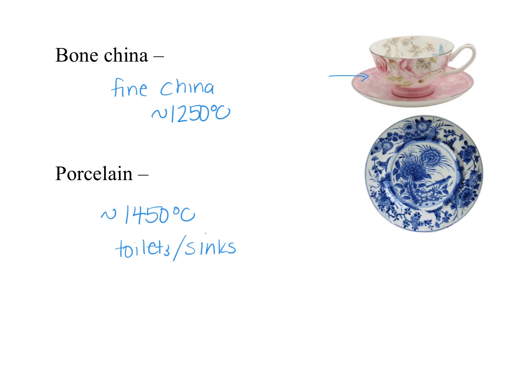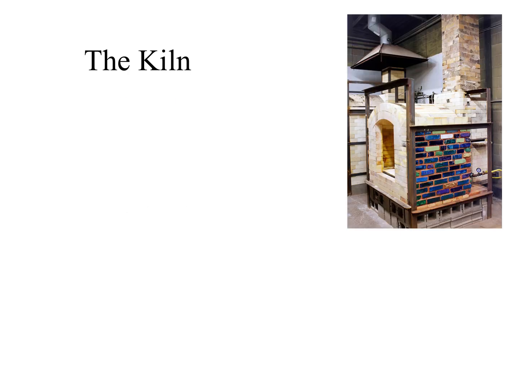So now that we've talked about these different types of ceramics and the temperatures they're fired at, I want to talk about the kiln for a second. This is a picture of a kiln, and we already talked about how the redox conditions of the atmosphere will affect your pottery.